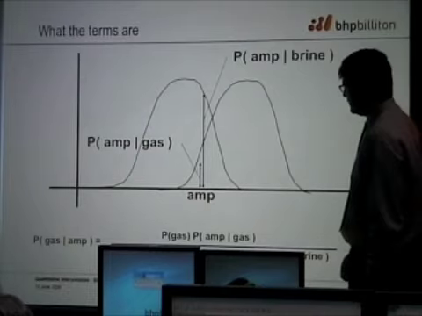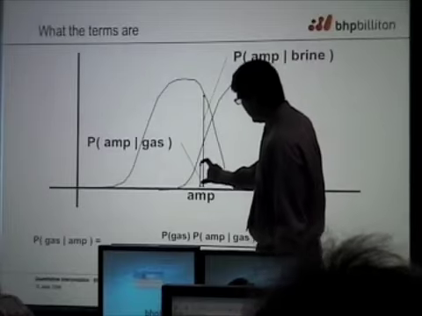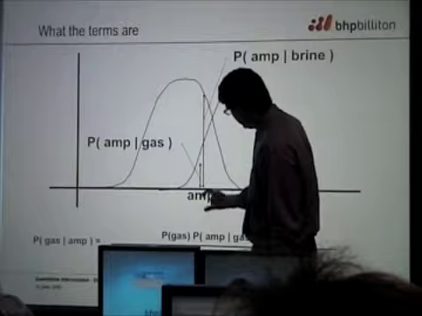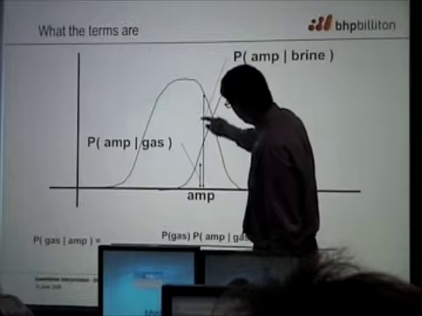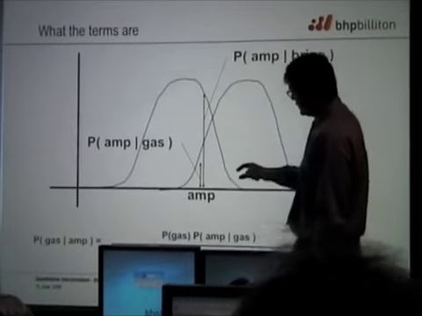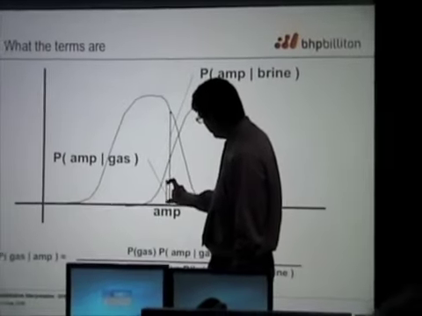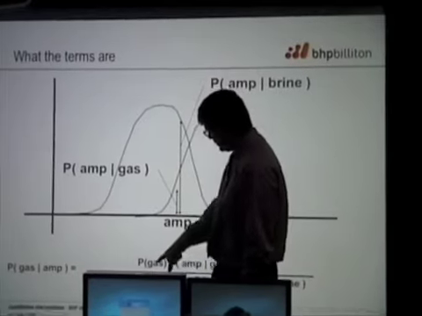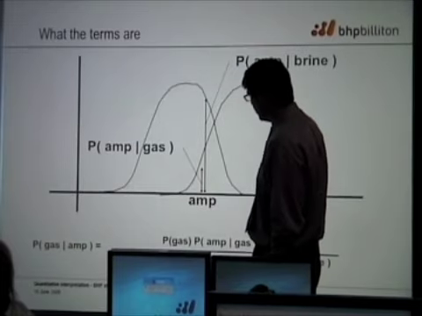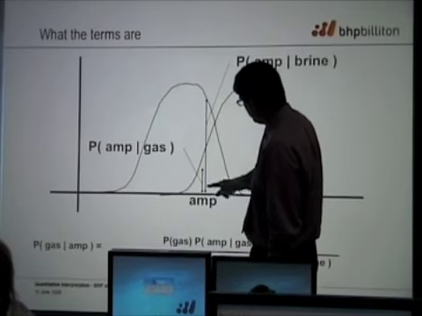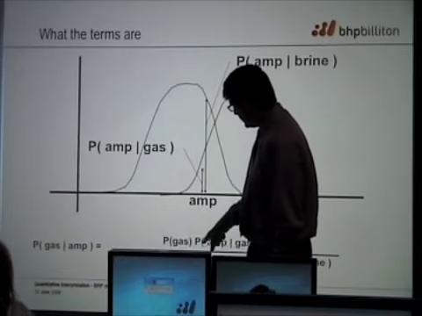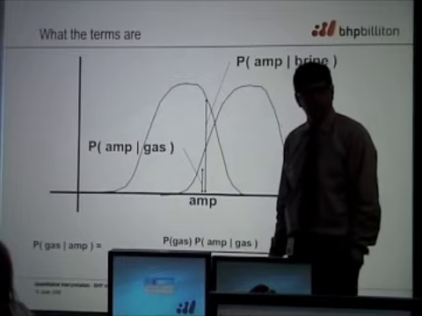Well, the formula for gas is just going to be the height of this in the numerator, and in the denominator is going to be this plus this, okay? So in this case, where this is smaller than the sum, this is going to be a fairly small number, okay? If I was asking for the probability of brine, this would be in the numerator, the sum would be in the denominator, and that would be a number fairly close to 1.